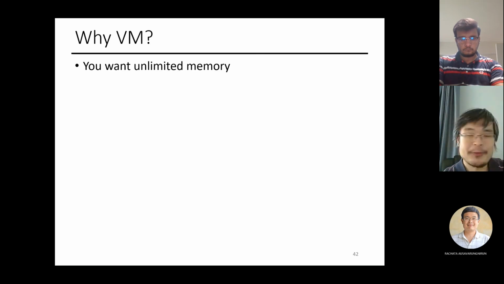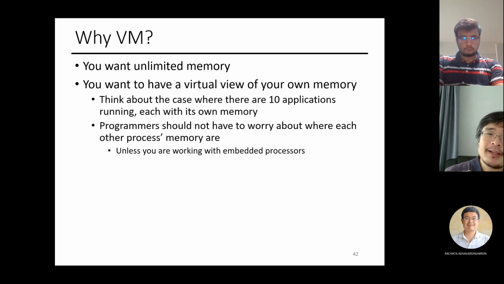First, you want unlimited memory. You also want to have the virtual view of your own memory, in the sense that, think about the case where you have 10 applications running. As I said earlier, each one has its own data, which means there are addresses tied to the data. So the programmer should not have to worry about where each other process's memory is. What do I mean by that?